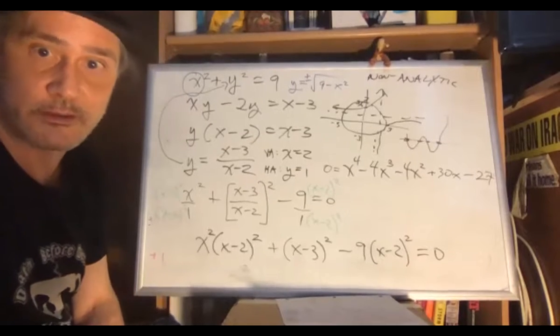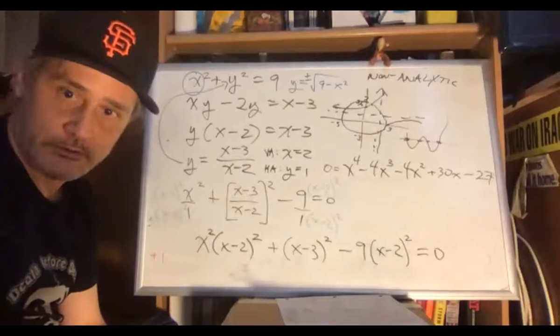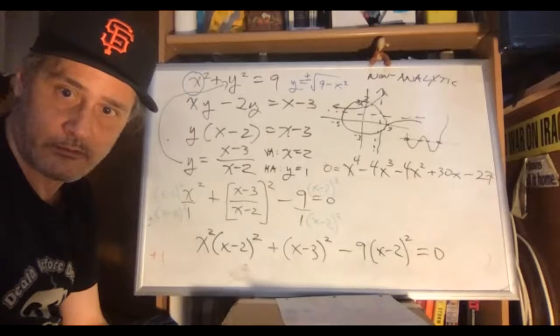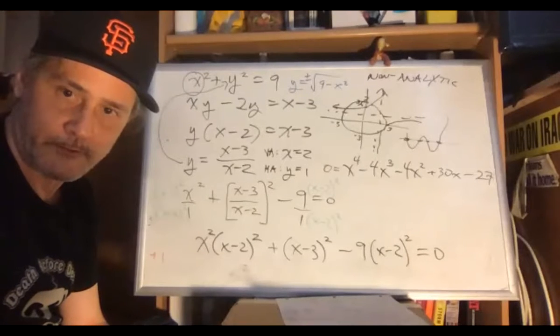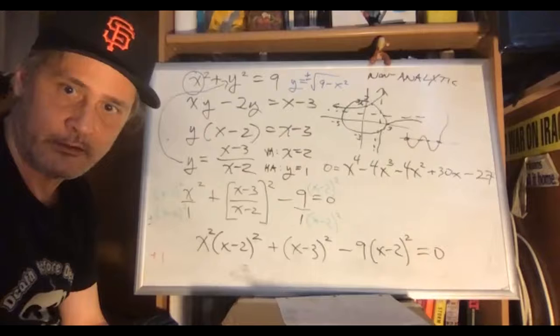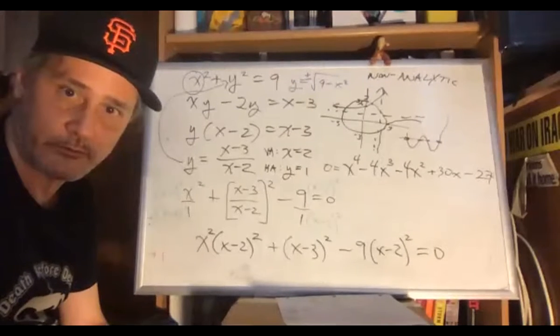So if you notice exactly what I drew on the board, we got our two solutions right here. We got this one, which we already knew from the intercept, the x-intercept of the rational function and the radius of the circle, which is 3. And we have this one right here. And then we have this one over here.